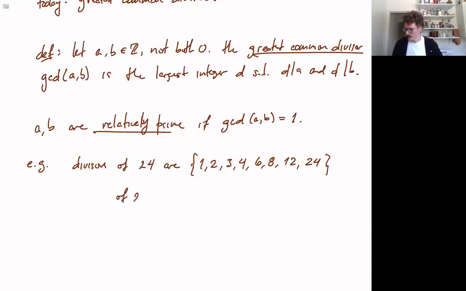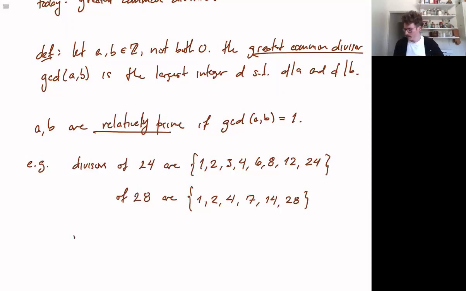And if we take something else, maybe 28, this is 2 times 2 times 7. So its divisors are 1, 2, 4, 7, 14, and 28.